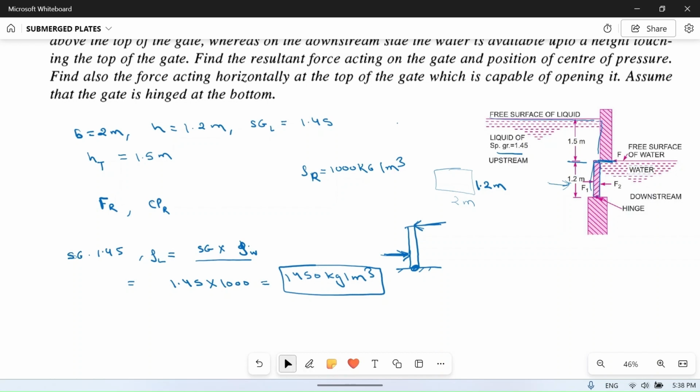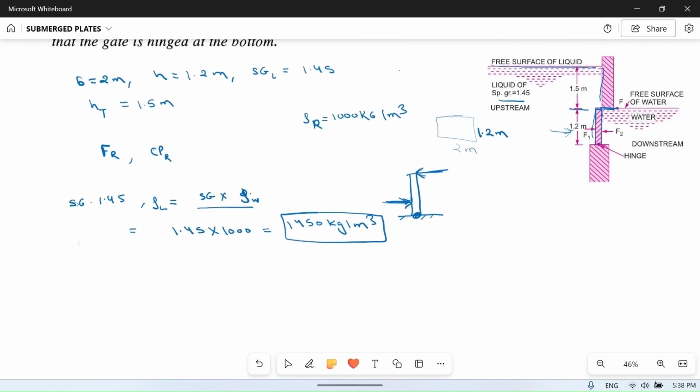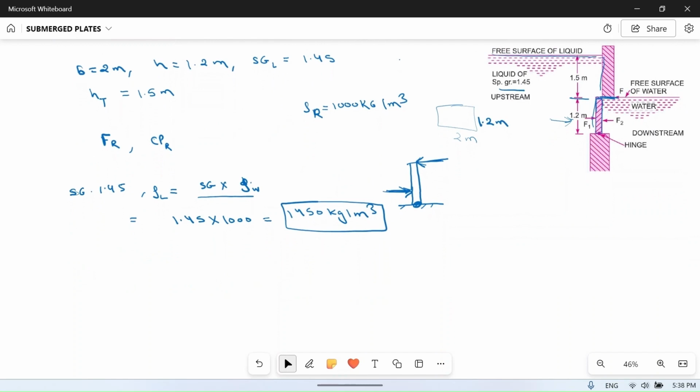Okay, so first of all we will try to find the forces which are acting on the left side and right side due to the water columns. So F is equal to rho A g h bar. Rho is density, already known.